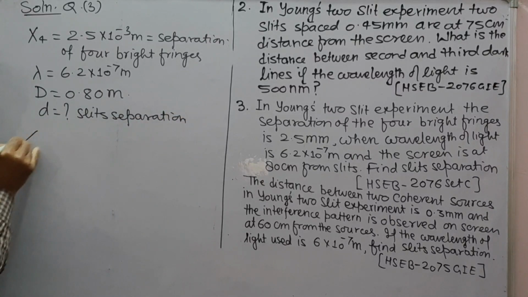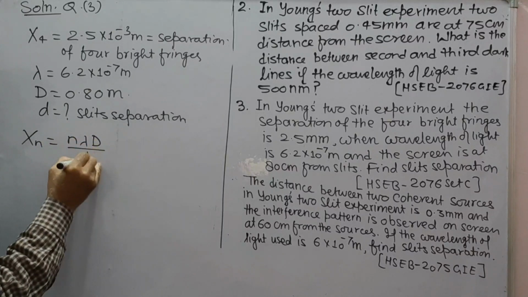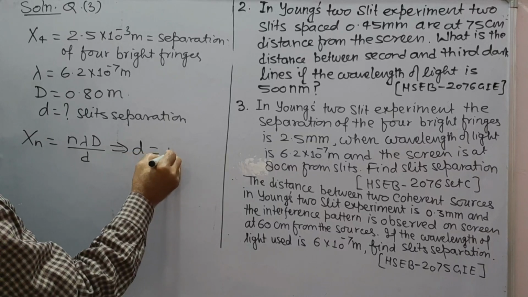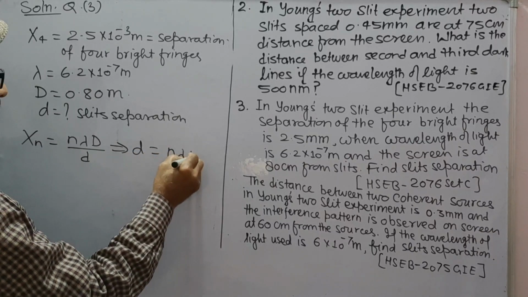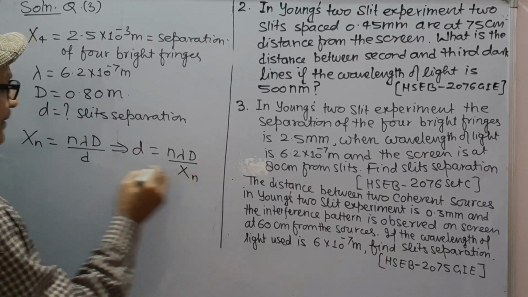Now xn is equal to n lambda D upon d, which gives d as n lambda D by xn.